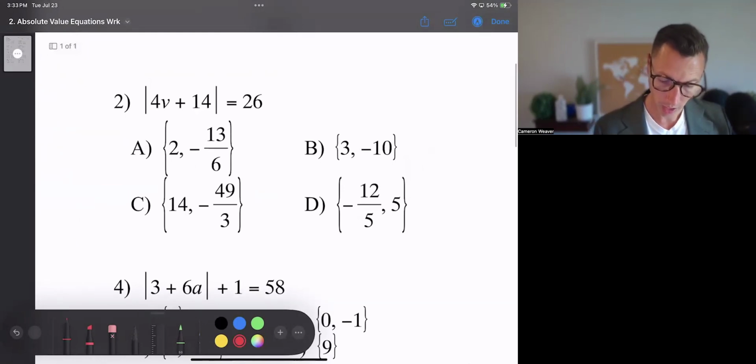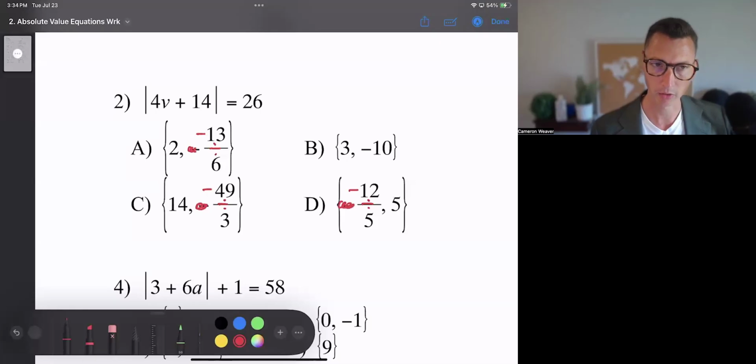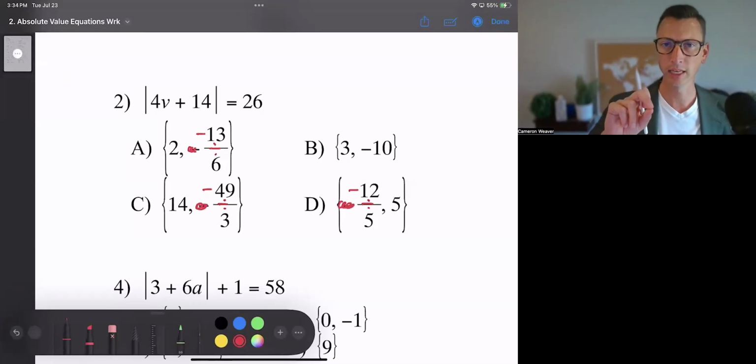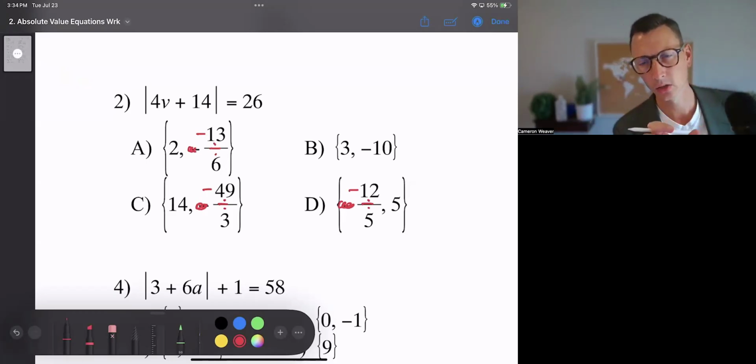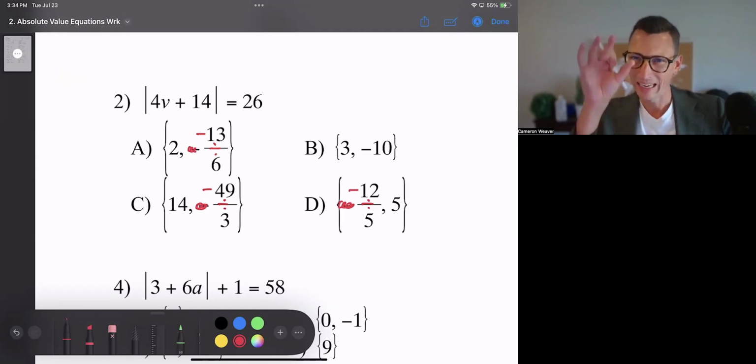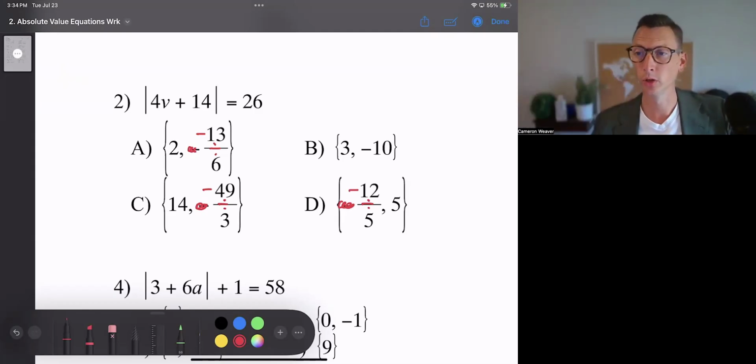So here, I would make that negative 13 divided by 6, negative 49 divided by 3, negative 12 divided by 5. I'll do this with you. Notice what I just did to convert this. I moved the negative from the middle to the numerator. Anytime you need to break a fraction down, the negative should always belong to the numerator.